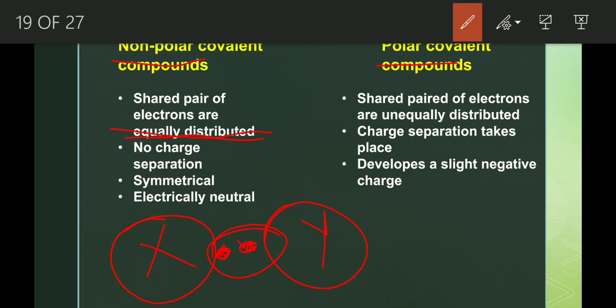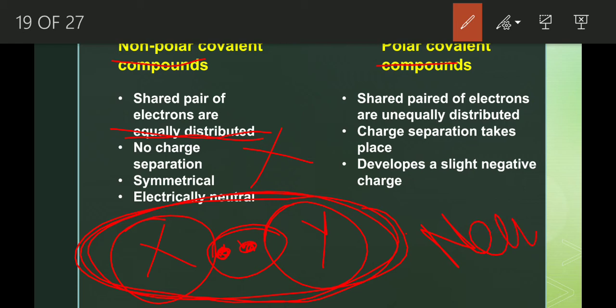And there is no charge separation. The molecule that forms is symmetrical. In these non-polar covalent compounds, where the shared pair of electrons is equally distributed, the compound is symmetrical and electrically neutral. Why? Because there is no charge separation, right?